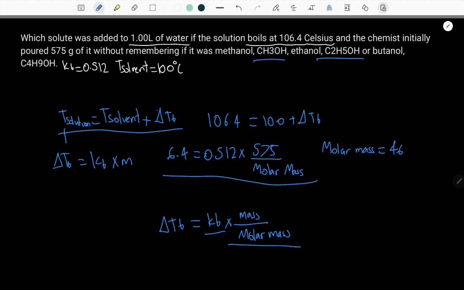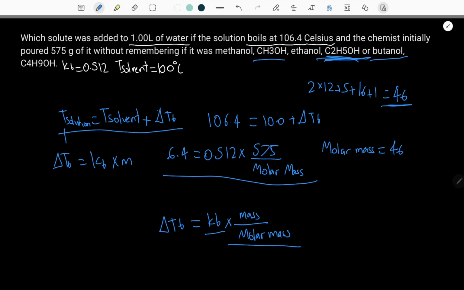In our case it's going to be this one, ethanol. C2 times 12 plus 5 plus 16 plus 1 gives you 46 exactly. So this is the answer. Ethanol is the answer here.